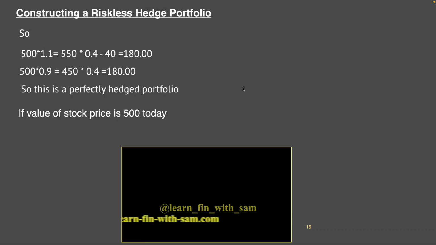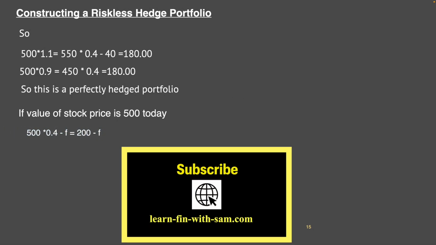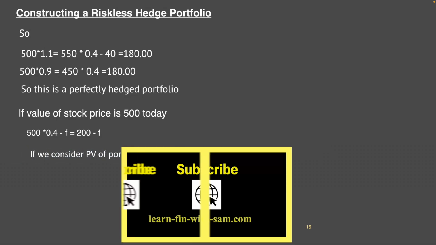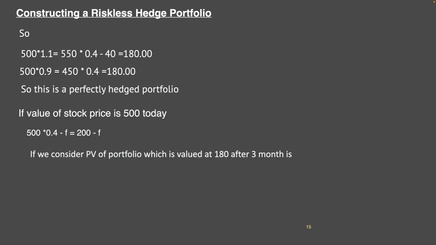So if the value of stock is 500 today, and we consider the present value of the portfolio, which is valued at 180 after 3 months, we correct, right? Then we have e to the power of minus 0.1 times 3 by 12. Why are we doing 3 by 12?